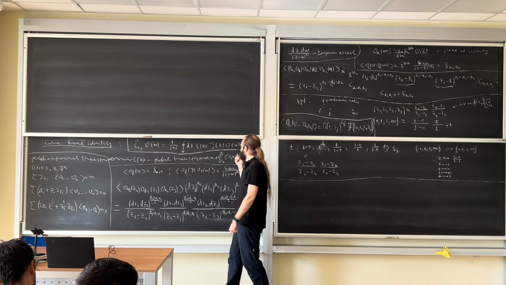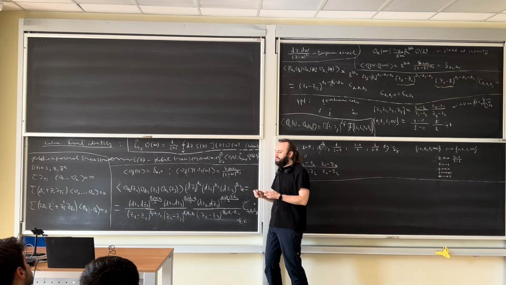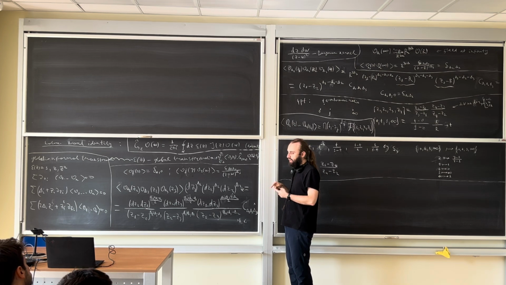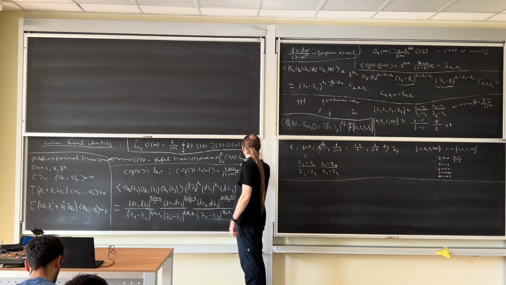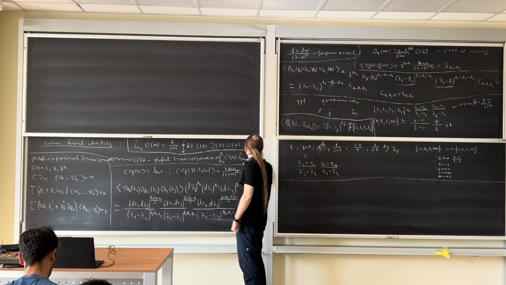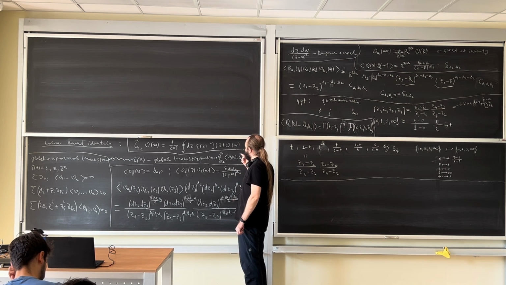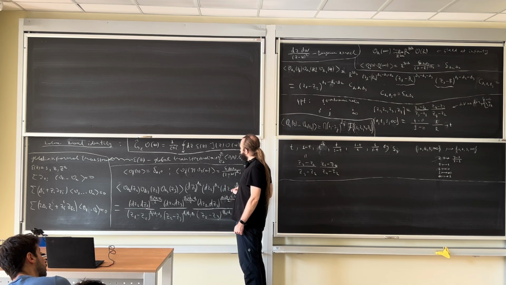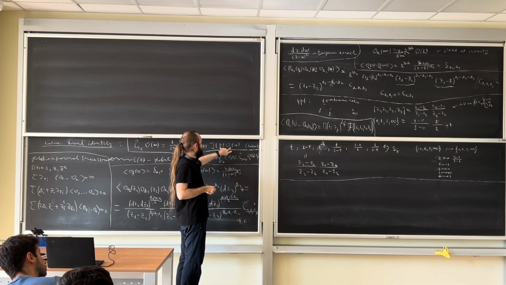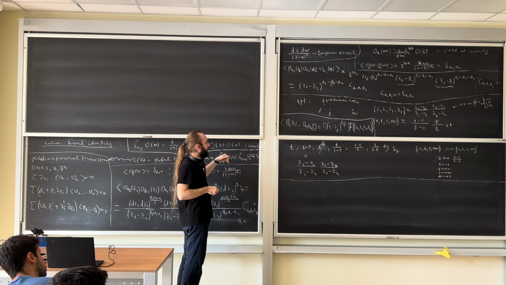And on the right-hand side, we have some object of the following kind. We take one field in a CFT, multiply it by some function, and integrate around another field. And in principle, we can take this as the definition of the action on the space of fields.